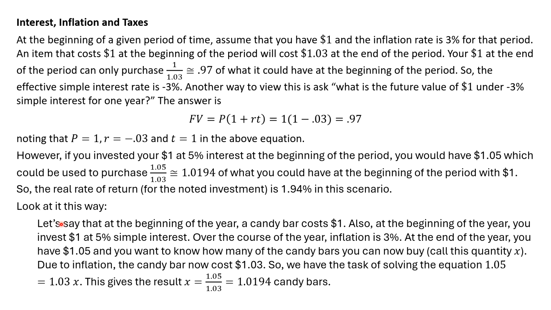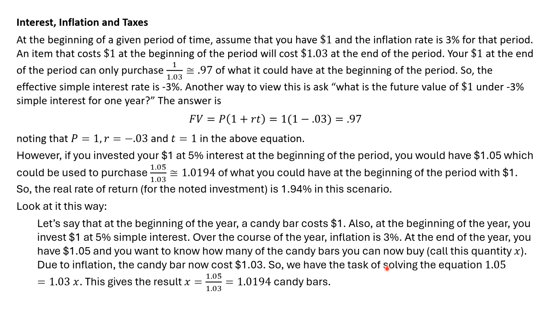So another way to look at this is, say at the beginning of 1 year, a candy bar cost $1. Also at the beginning of the year, you invest $1 at 5% simple interest. Over the course of the year, inflation is 3%. So we're using the same numbers from up here. At the end of the year, you have your $1.05, and you want to know how many candy bars you can now buy. Call this quantity X. So due to inflation, the candy bar now costs $1.03.